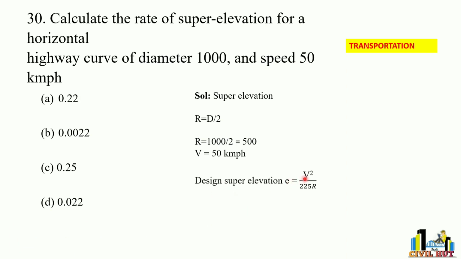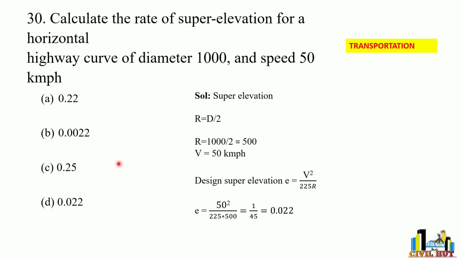Design super elevation, e equal to v square by 225 r. e equal to 50 square by 225 into 500, which is 1 by 45. It is equal to 0.022.